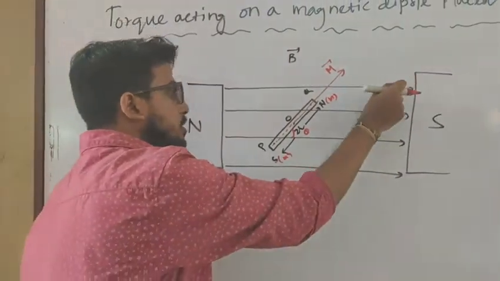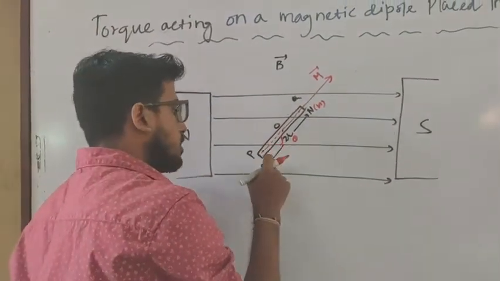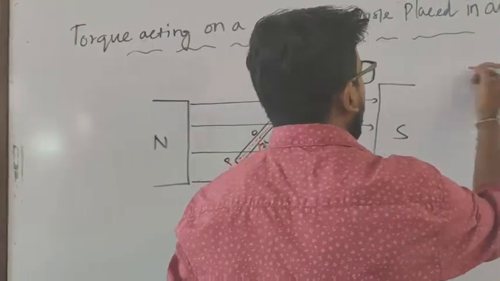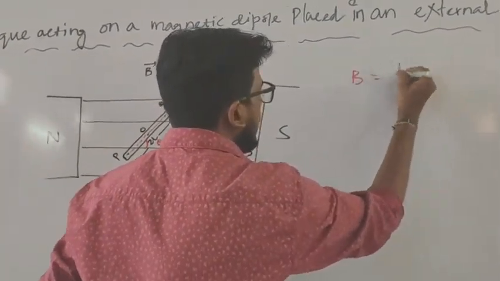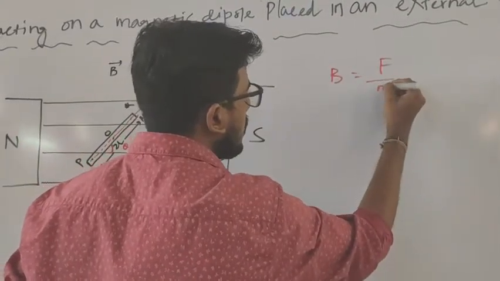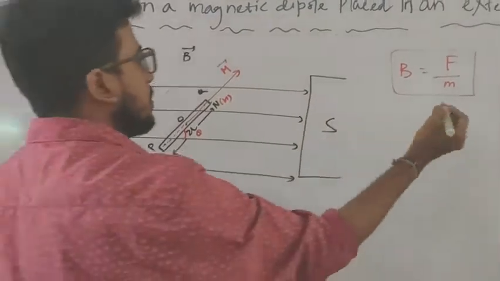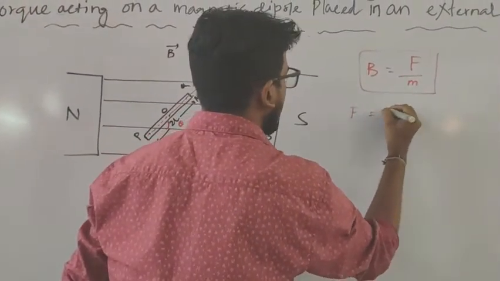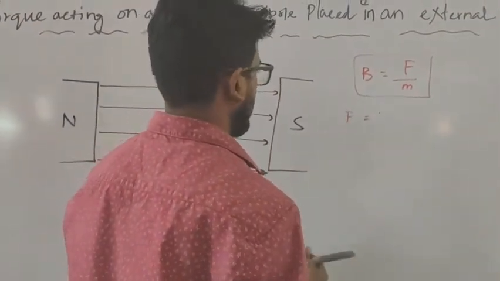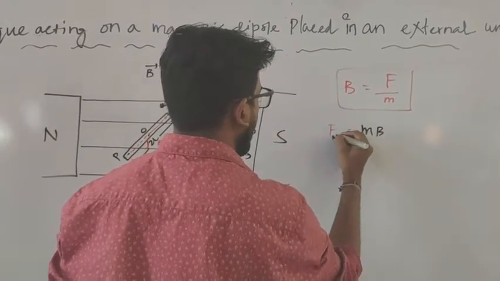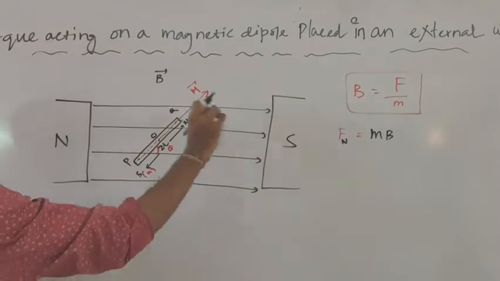Due to the external magnetic field, both the south pole and north pole will experience a force. As we already know, the magnetic field is defined as the magnetic force per unit pole strength. So the north pole will experience a force F equal to M into B. This is for the north pole, which is always along the direction of the magnetic field.